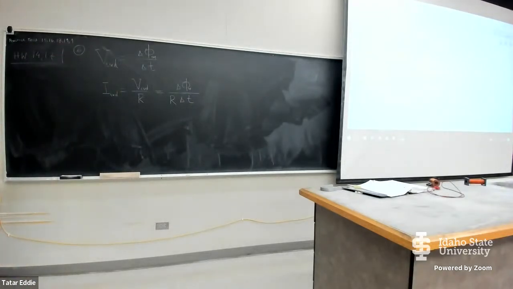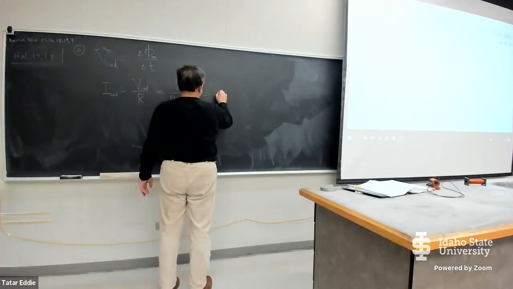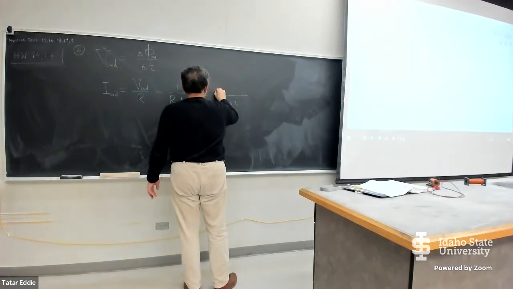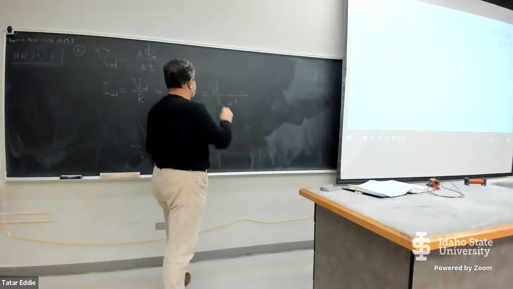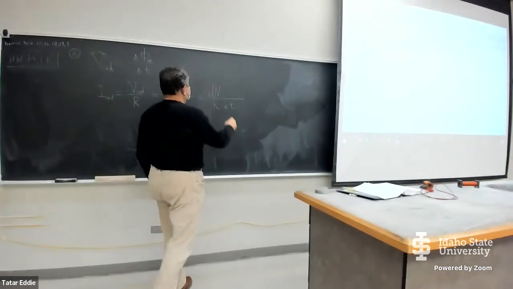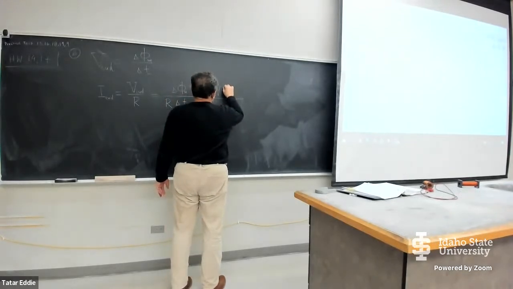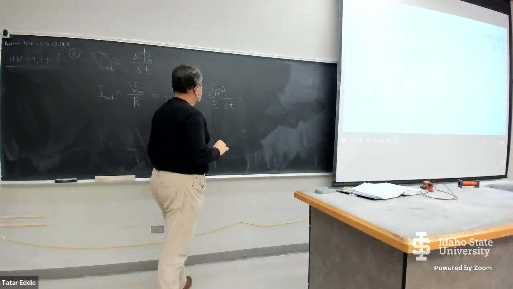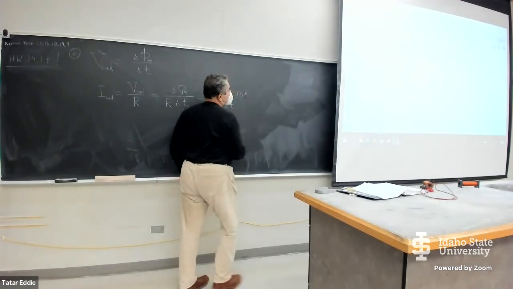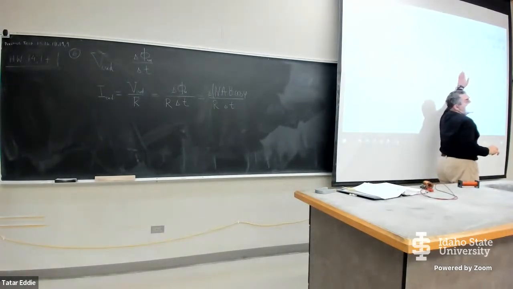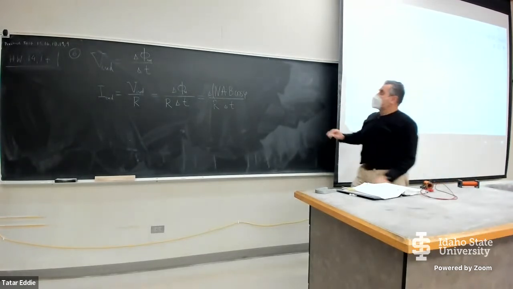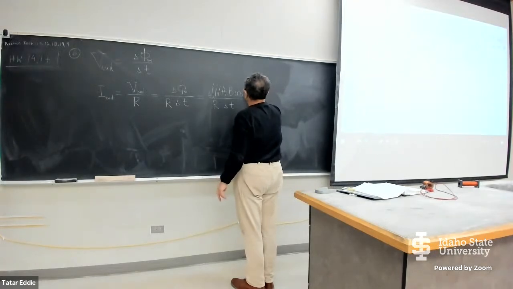And now look, the magnetic flux is the number of turns in your coil, which is given, times area, cross-sectional area, times magnetic field, times cosine of the angle between the normal to the plane of the area and the magnetic field. So this angle is 50 degrees.